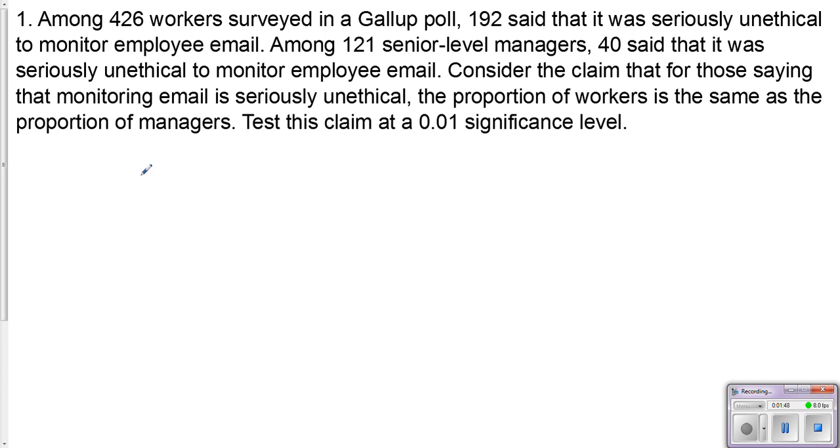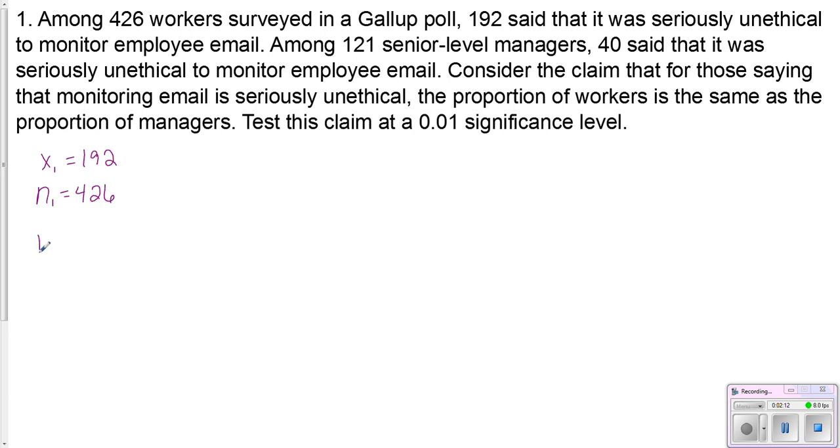So in other words, we want to find out, is this roughly the same for standard workers as it is for managers that believe monitoring email is unethical. So what we're going to do here is fill out what they tell us. Let's start with the Gallup poll information. We had 192 people say yes, it is unethical, out of a total of 426.